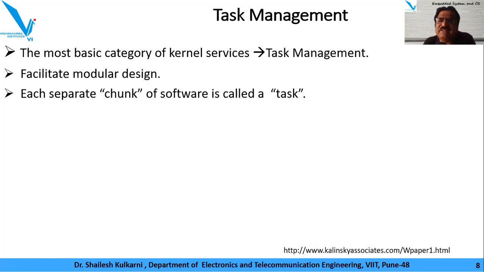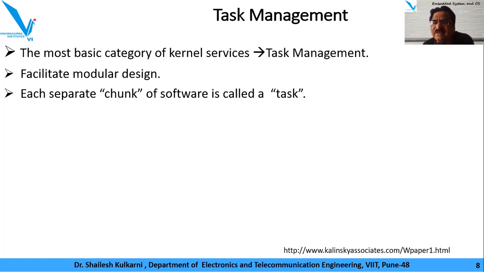Each separate chunk of software is called a task, a simple definition. When I say it's a separate chunk, that means this is a self-sustainable executable entity. That's what we call a process or a task interchangeably, as a process also gets defined as a self-sustainable programming event.